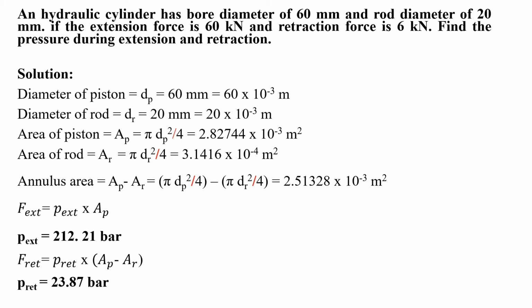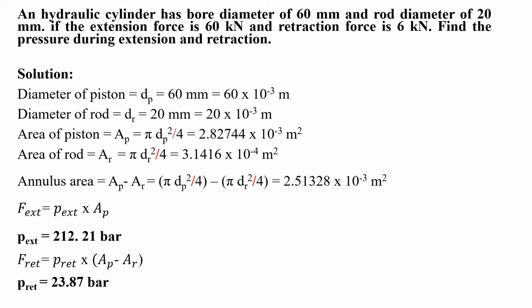So pressure extension equal to 60 into 10 to the power of 3 dividing by area of the piston, that is 2.82744 into 10 to the power of minus 3. Simplify this, we will get pressure during extension equal to 212.21 bar.